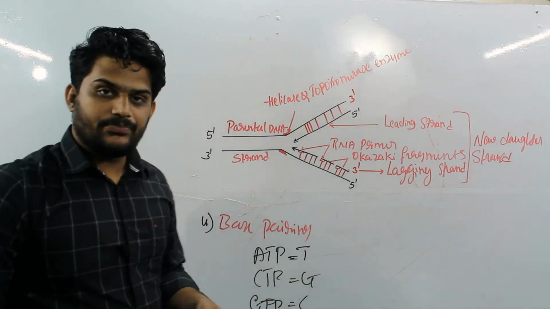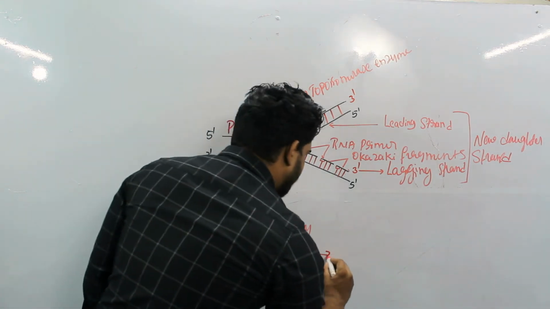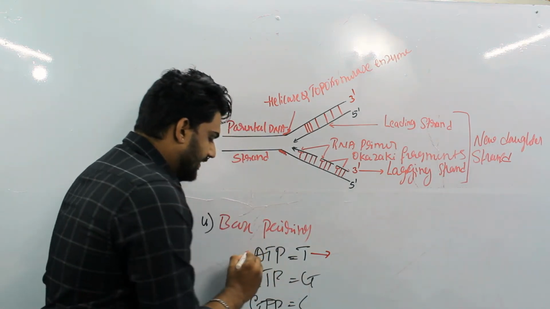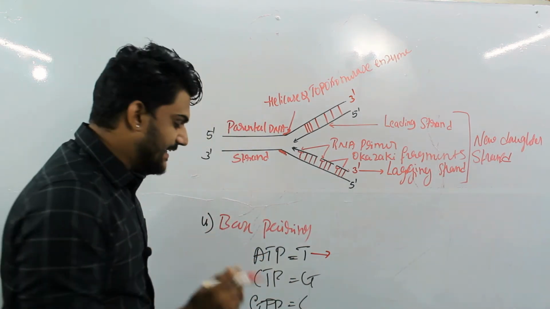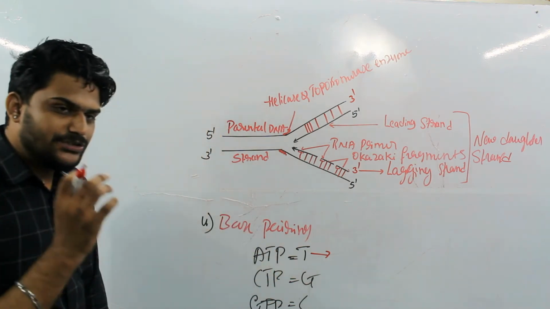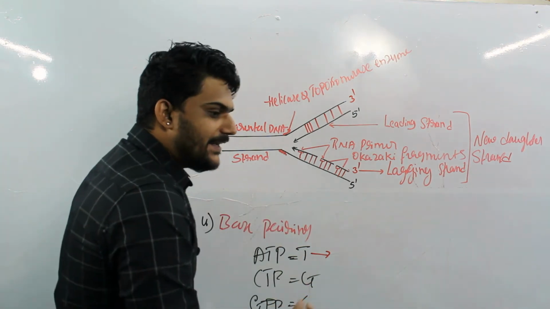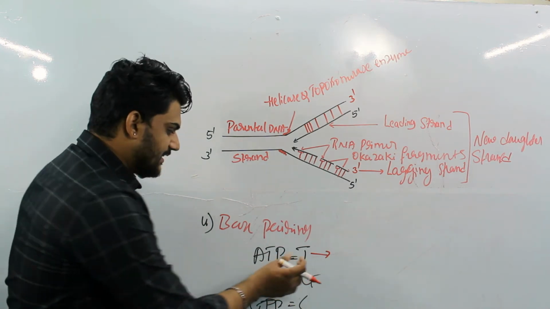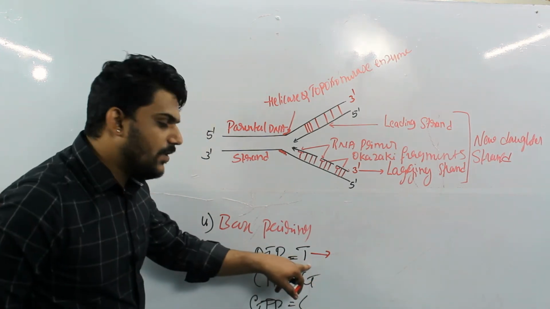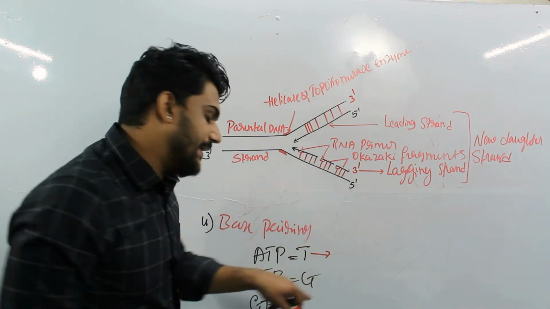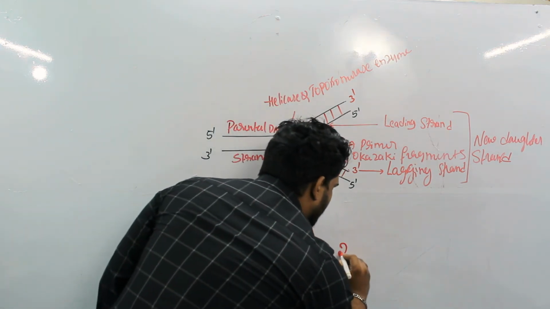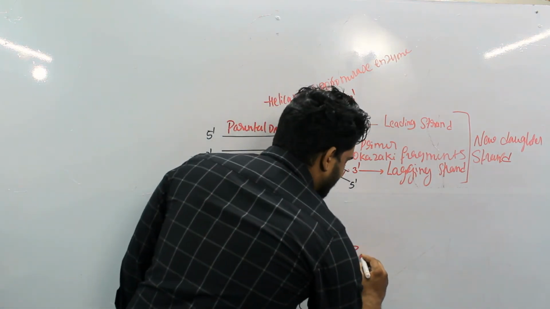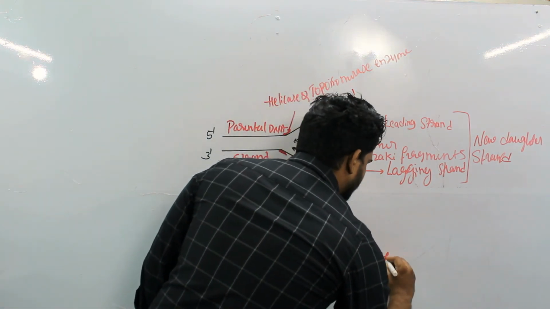Now whenever this binding takes place, the adenosine triphosphate will be converted to monophosphate, which gives deoxythymidine monophosphate, plus there will be a release of 2 phosphates plus energy.